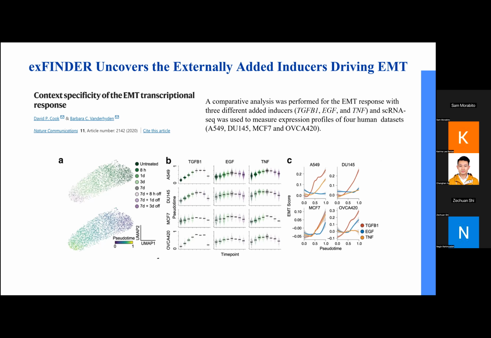This is very interesting because, for example, if we use one of the data sets, the A549 data set, and perform exFINDER analysis, hopefully exFINDER should capture one of these manually added inducers. These added inducers are perfect examples of external signals.